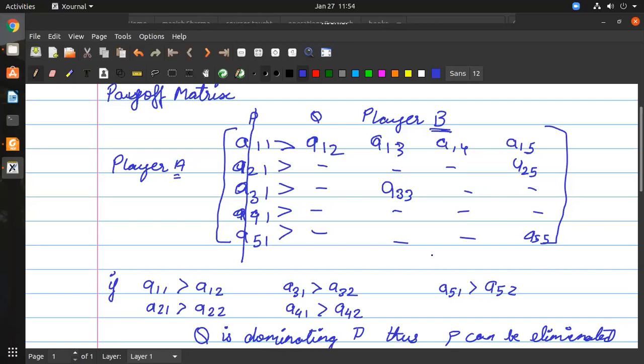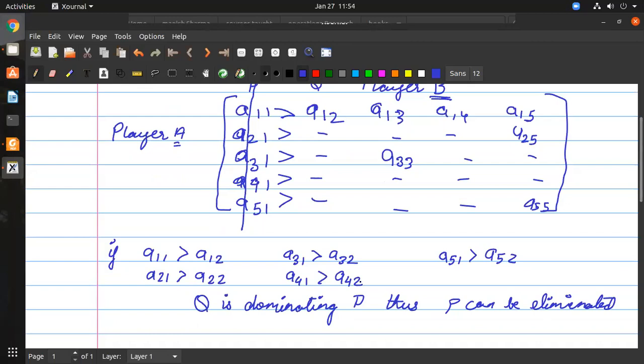So we want the lower values rather than higher values, whereas for player A, we want higher values rather than lower values. Is it understood now? Is it clear? For A higher values and for B lower. Okay. Yes, sir.